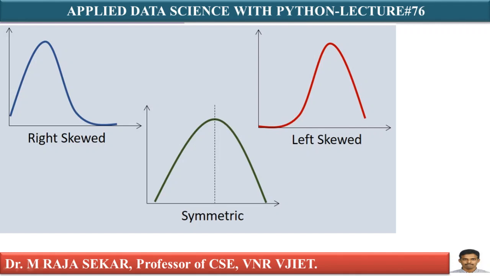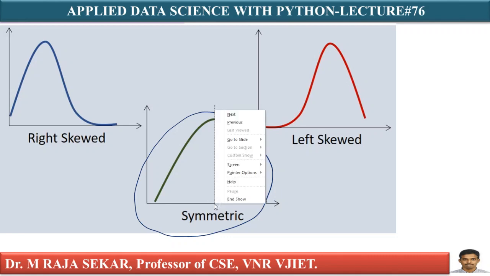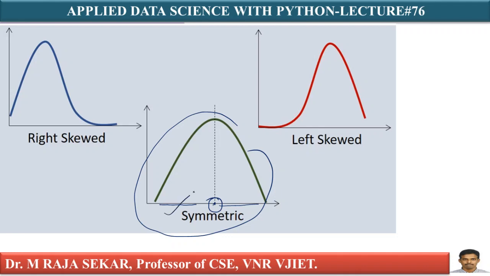If you observe these particular diagrams, just see the center point, the midpoint. What does it mean? It looks the same to the left and right side of the center point. This one is the center point, isn't it? It looks the same on left and right side of the center point. Therefore, it is symmetric. For example, here, which one is the center point?